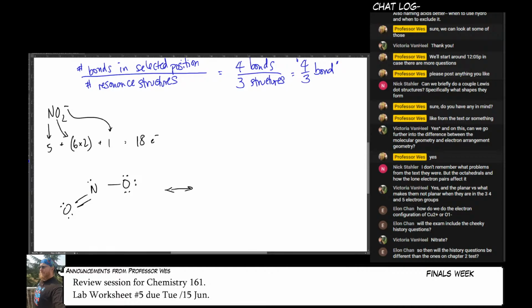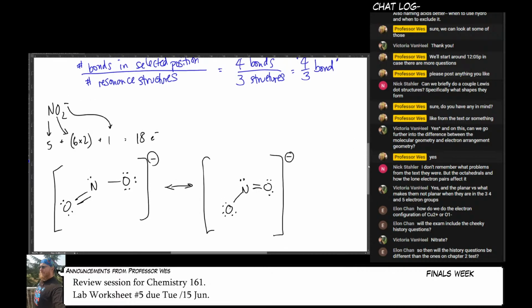And I could make a resonance structure like this. So there are my resonance structures. I've moved this double bond over to the other side by shuffling our electrons around.